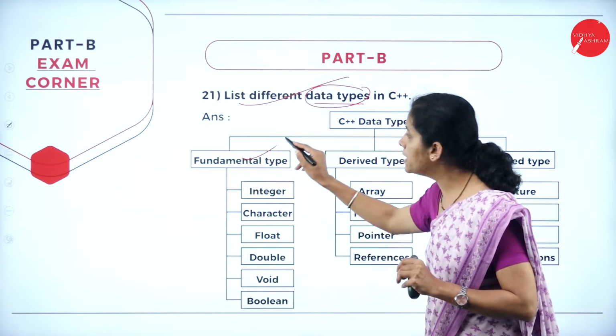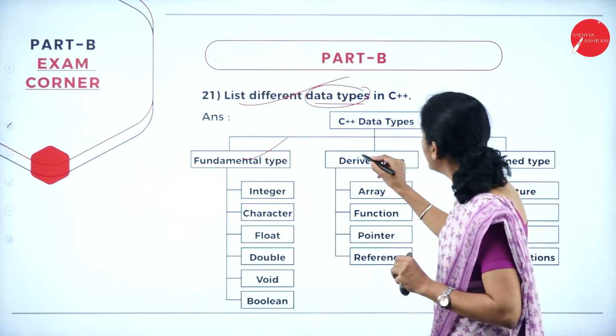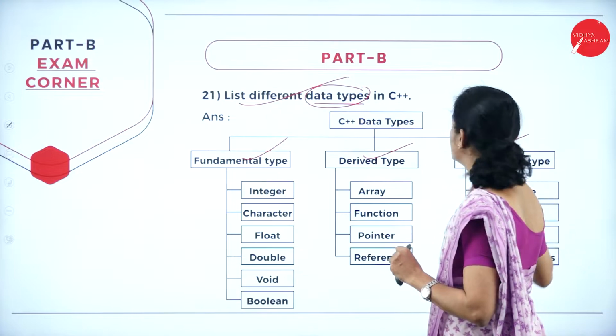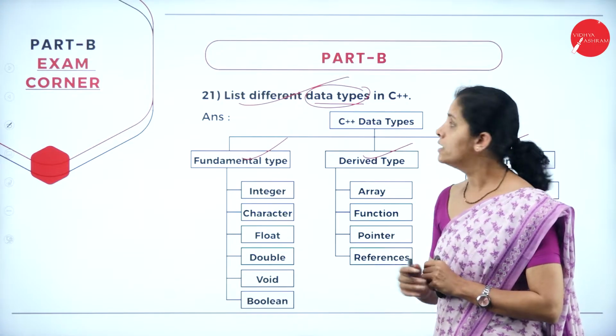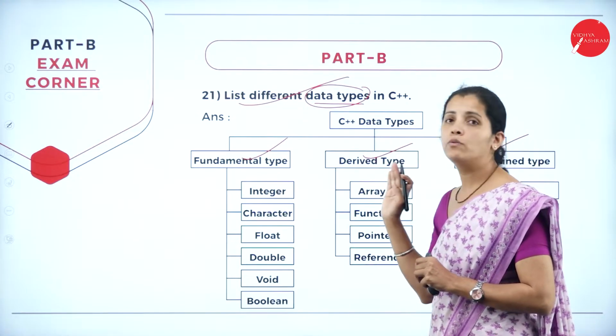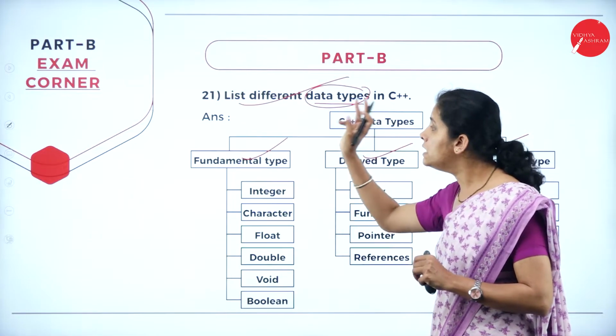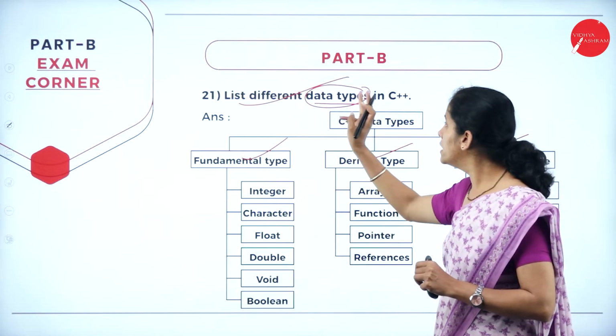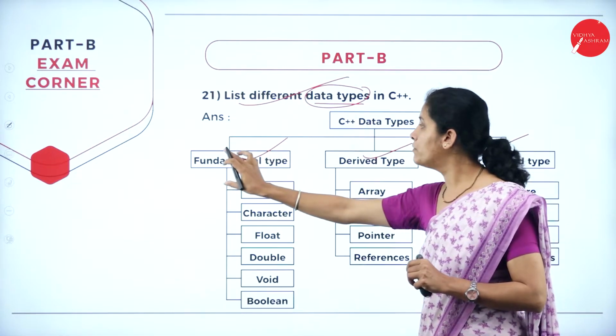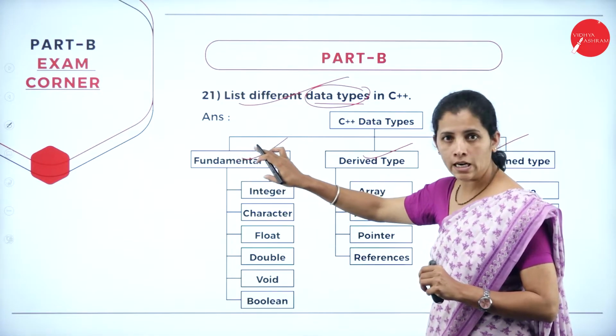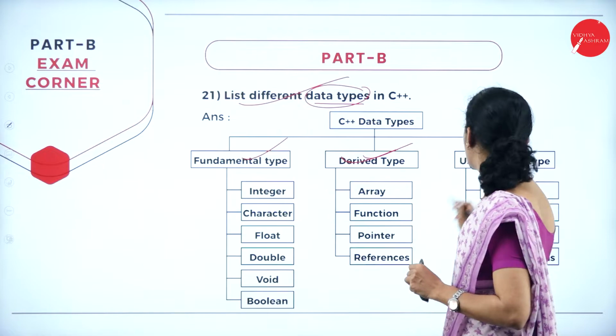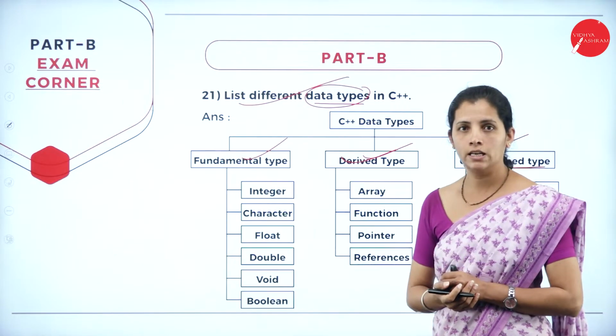One is fundamental data types, then derived data types and user-defined data types. According to the question, I want to list the types of data types, that is fundamental or primitive data types, derived data types and user-defined data types.